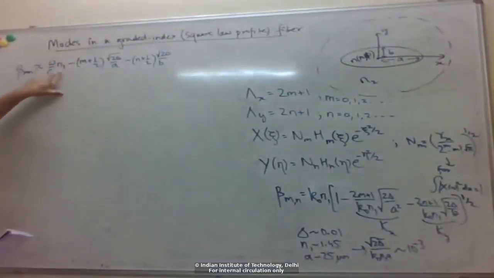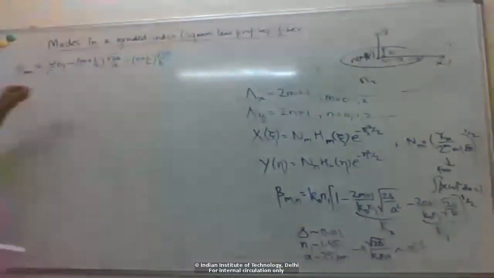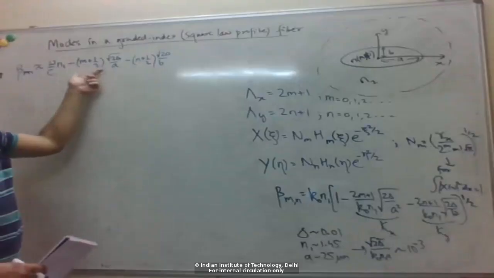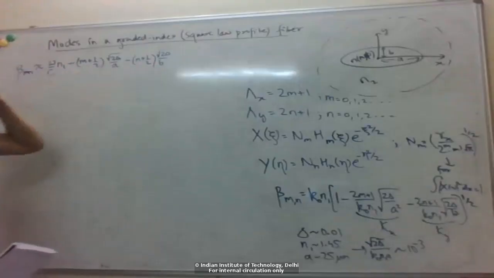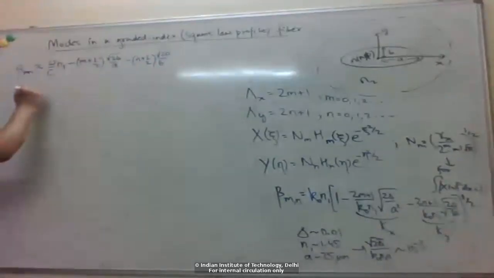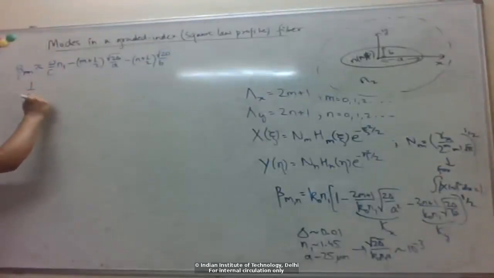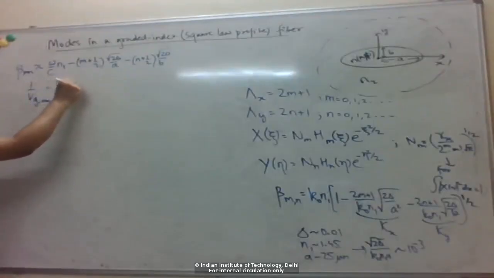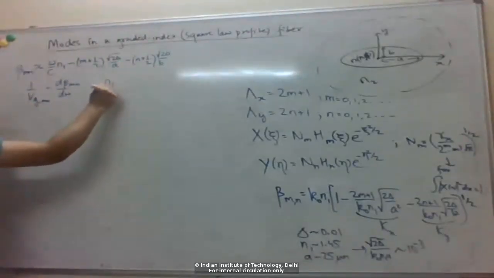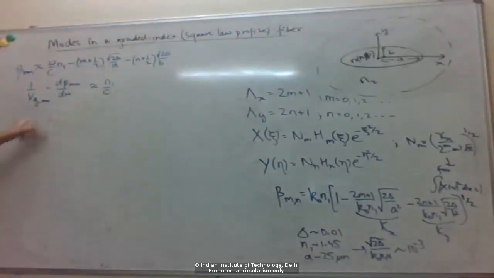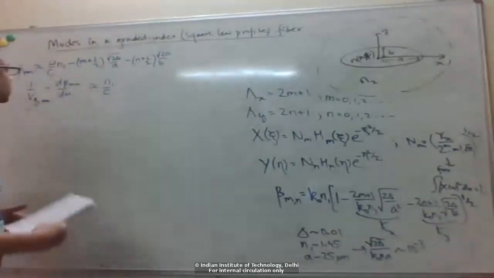So there is only one term which depends on frequency. So K0 we write as omega over c. And then this thing which goes with M and N, but these are constants, right? So again, if we take the group velocity for the mn mode, that's the derivative of beta with respect to omega, so that's just a constant, c over N1. So it does not depend on M or N, right?